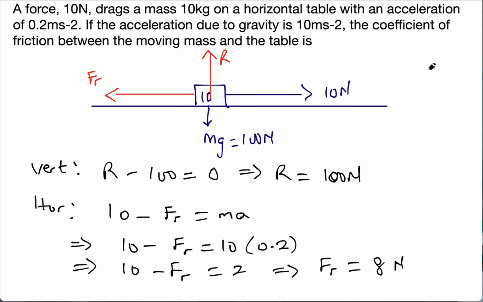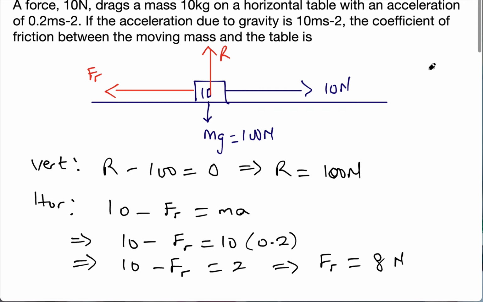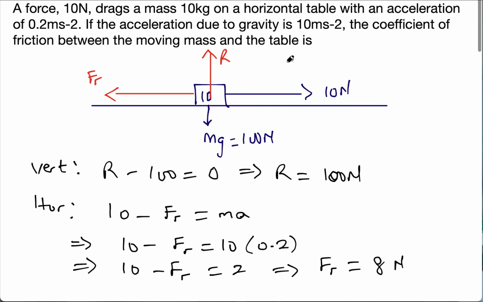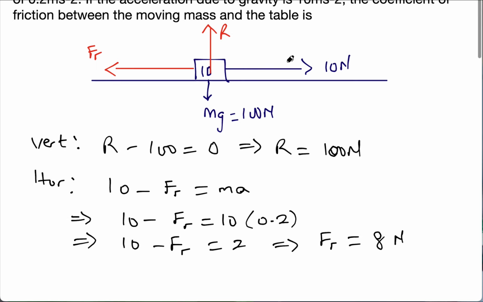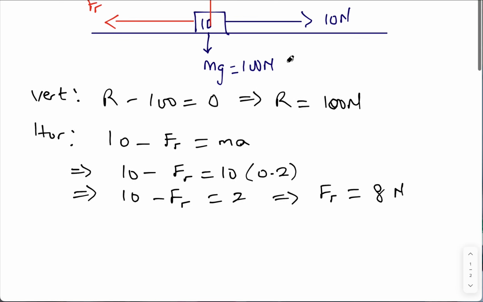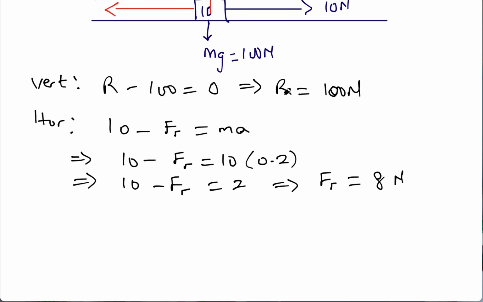The question wants us to find the coefficient of friction between the moving mass and the table. By the way, because this is a moving body, the coefficient of friction we are looking for is the coefficient of kinetic friction. Now, there's a relationship between the frictional force and normal reaction. The frictional force equals the coefficient of friction multiplied by the normal reaction, which implies that the coefficient we are looking for is the frictional force divided by the normal reaction.